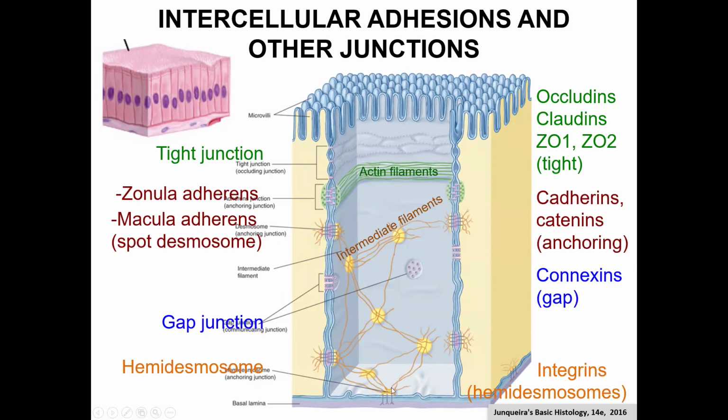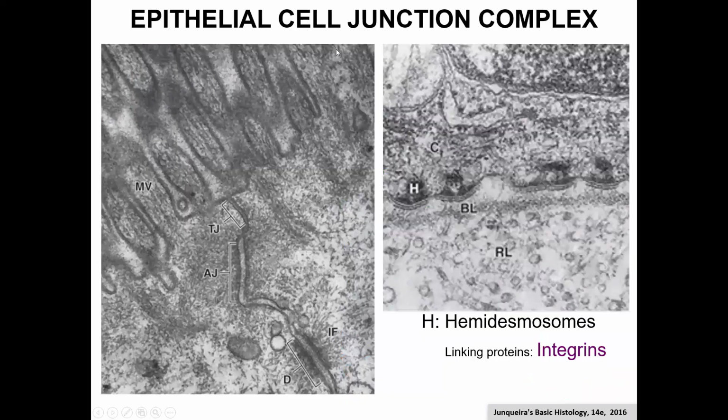And then there are the hemidesmosomes that attach the basal part of the epithelial cell to the basal lamina. This attachment is done through the integrins. The hemidesmosomes also connect with the desmosomes via the intermediate filaments, which we know in epithelial cells are the cytokeratins.